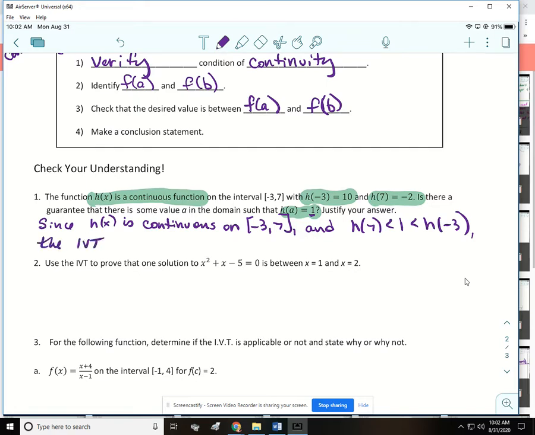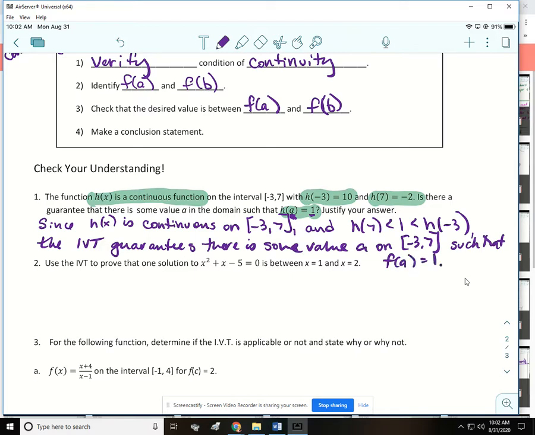The intermediate value theorem, or IVT, guarantees there is some value, and in this case the value is called a, so we'll just follow what the words say in the problem, on the interval from -3 to 7 such that h of a equals 1.